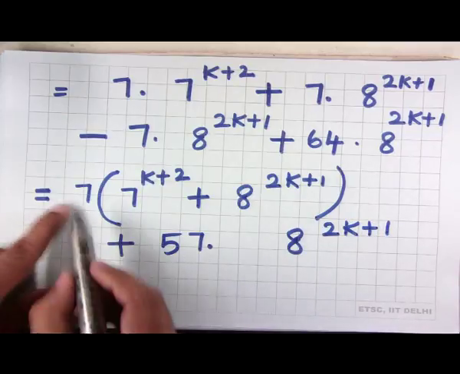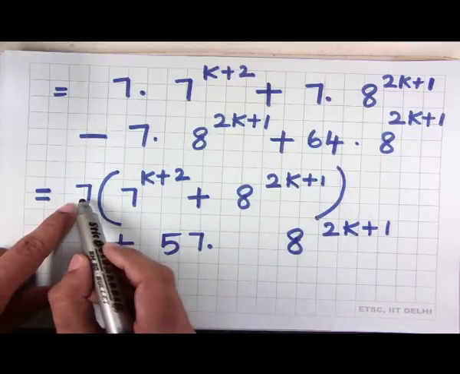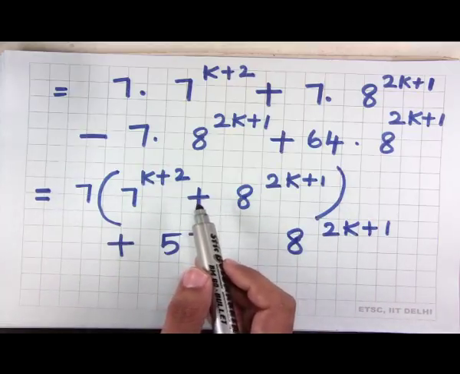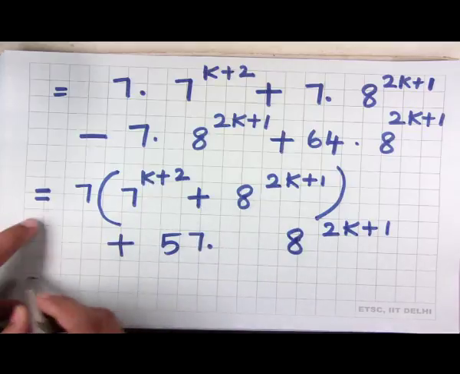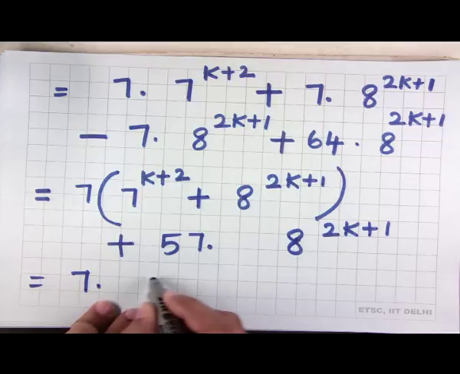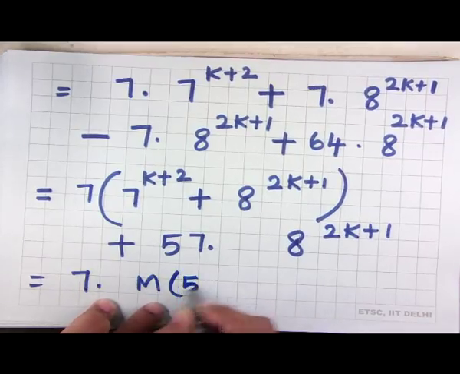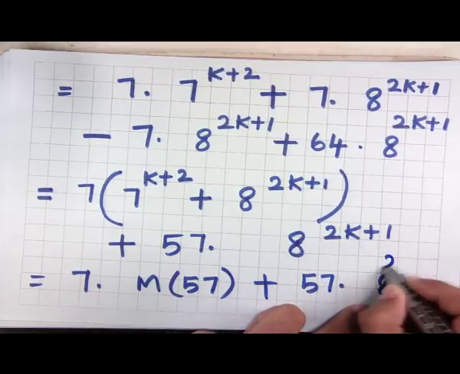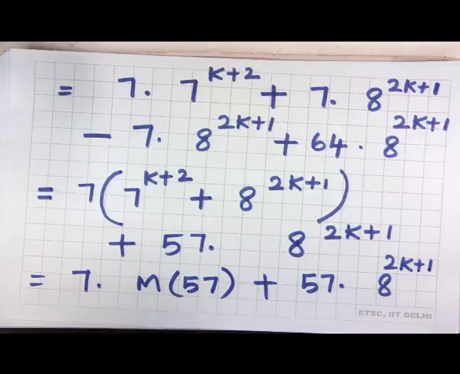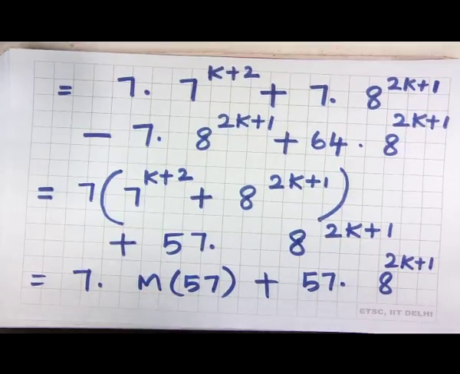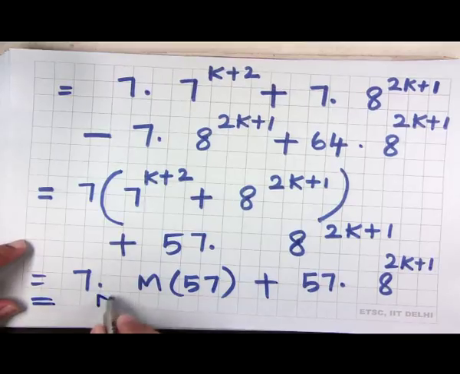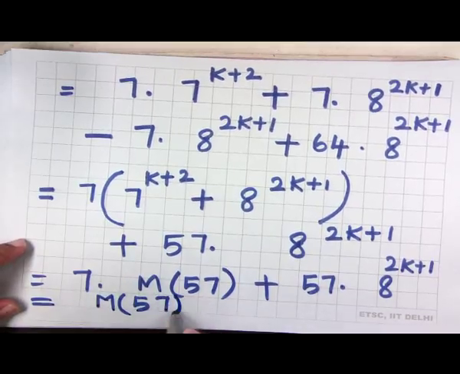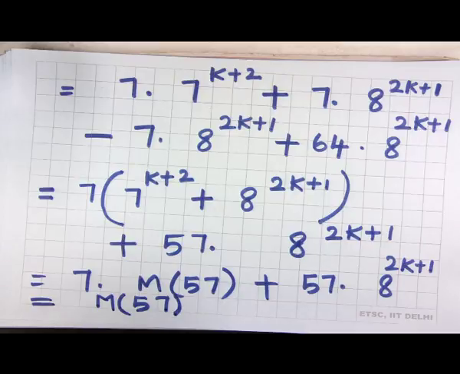Now, what is inside the bracket along with 7 is assumed to be a multiple of 57. So, this is 7 times a multiple of 57, let me write m of 57, plus 57 into 8 power 2k plus 1. It is not hard to see that the second summand is again a multiple of 57. So, you have the sum of two multiples of 57, which will again be a multiple of 57, thus establishing what is desired.